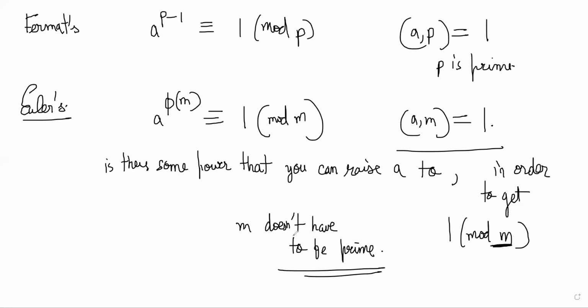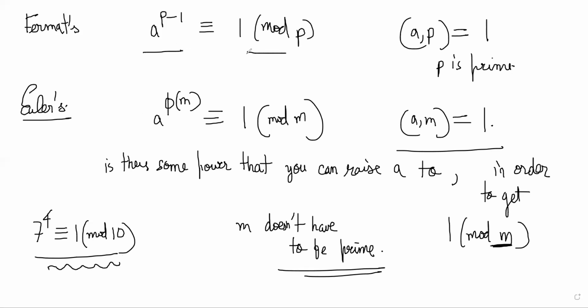Right now we got 7 power 4 is the number that is 1 mod 10. So it is very similar, except here, since it was prime, we multiplied all the numbers in the set 1 to p minus 1. And here it was not a prime, so we multiplied only the numbers that are co-prime to m.